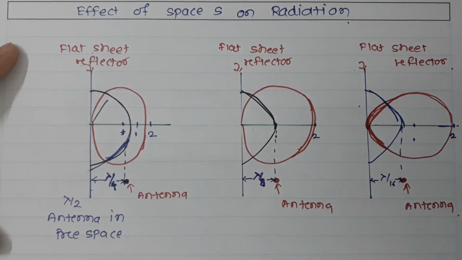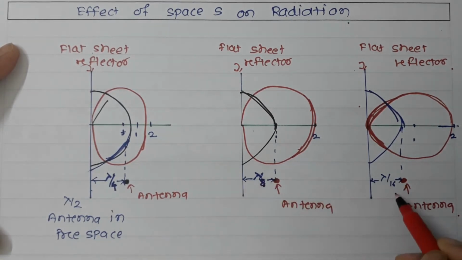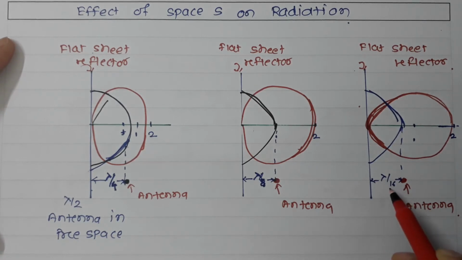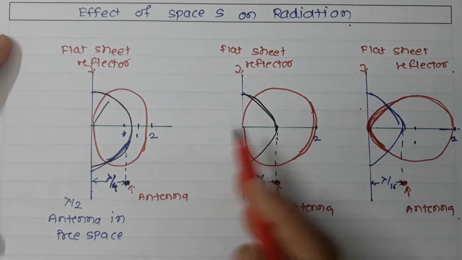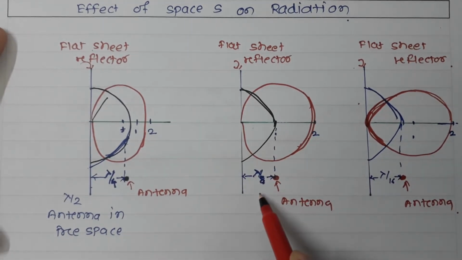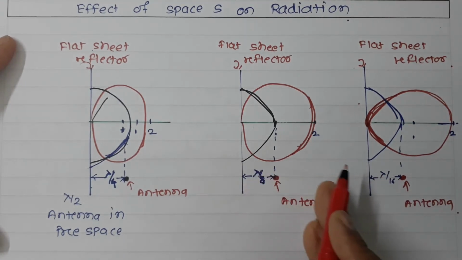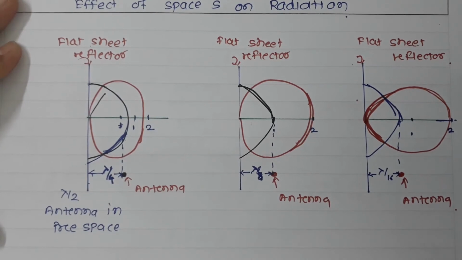The smaller the distance, lambda by 8, and again I have reduced it to lambda by 16, this is also a smaller distance. Whenever you are correlating your radiations and reflections, the smaller the distance, the more reflections you will have, and that will be added in your forward radiation.